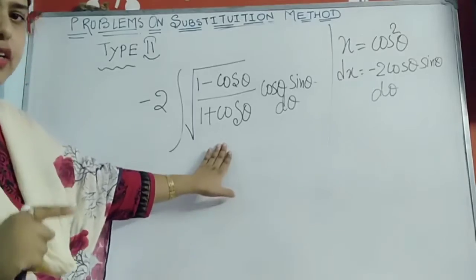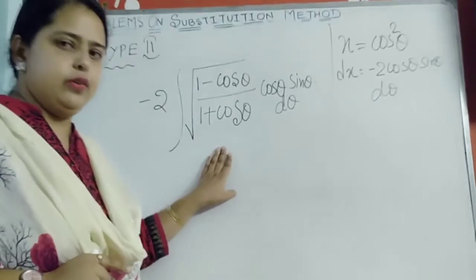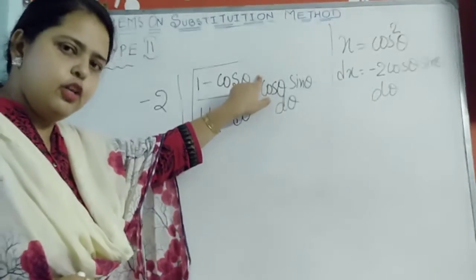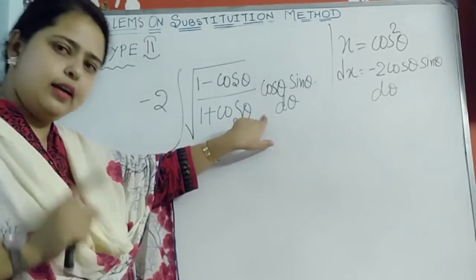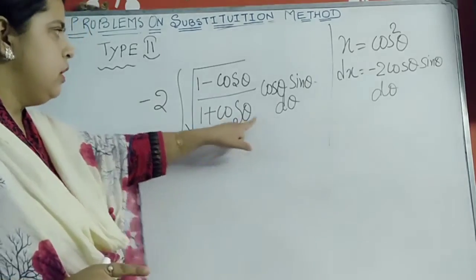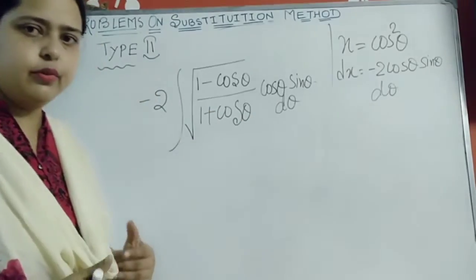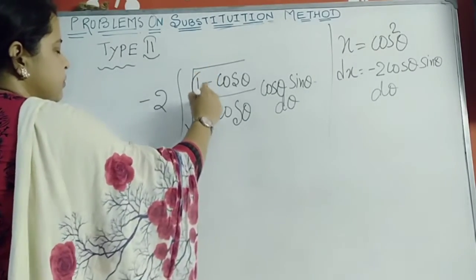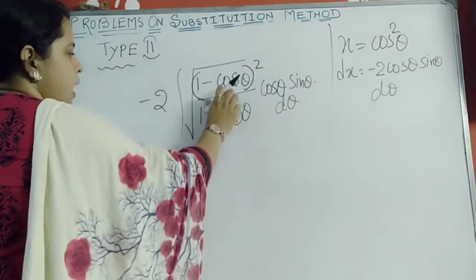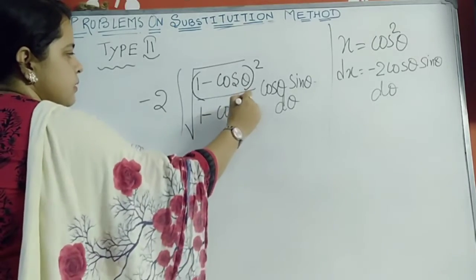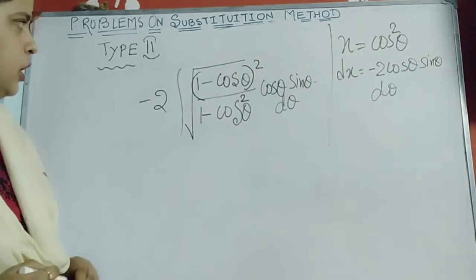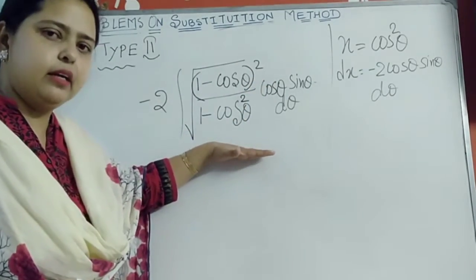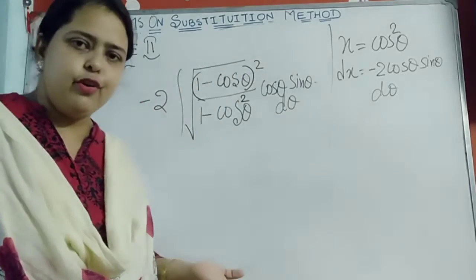So imagine after rationalization, what you're going to get. I'm going to multiply 1 minus cos theta again in the numerator and a 1 minus cos theta in the denominator. Clear? So after that, what comes out? You're going to get a square over here, with 1 minus cos theta in the numerator and 1 minus cos theta in the denominator. So this square root is over, no?